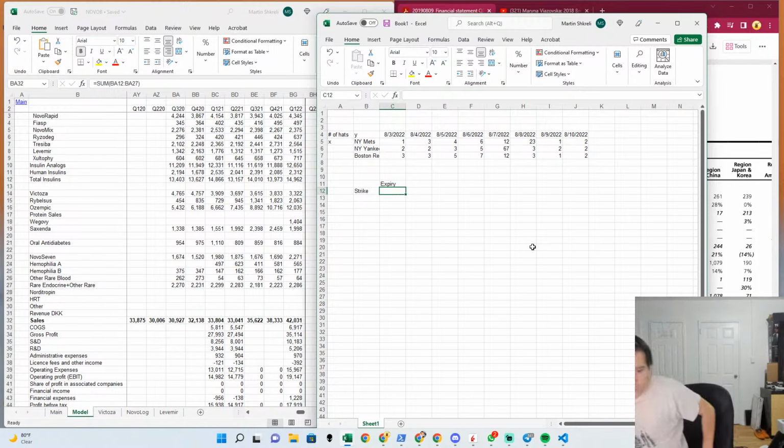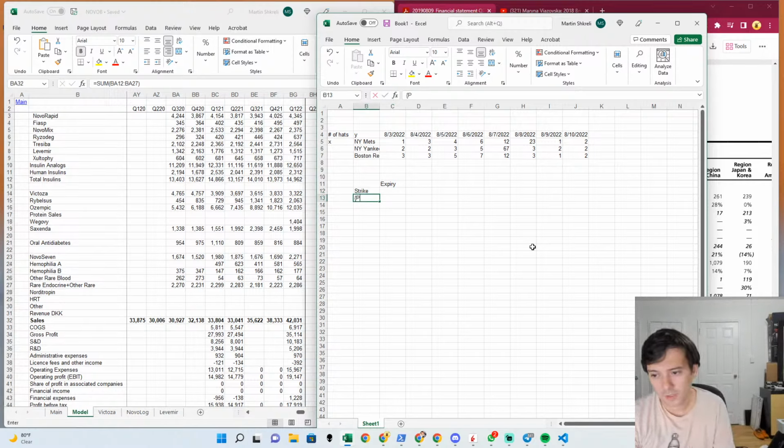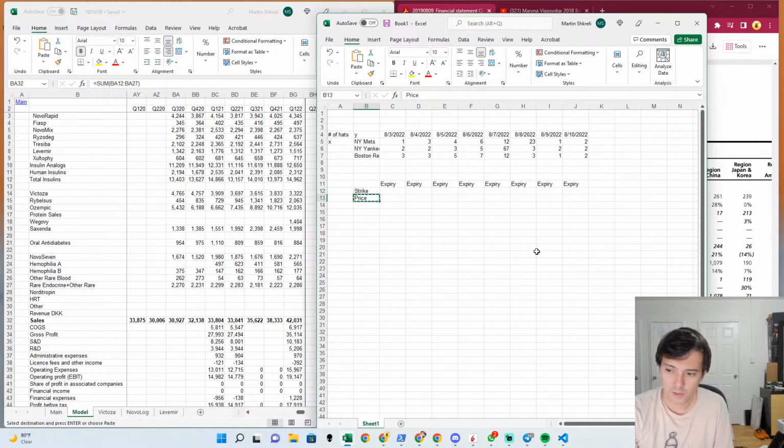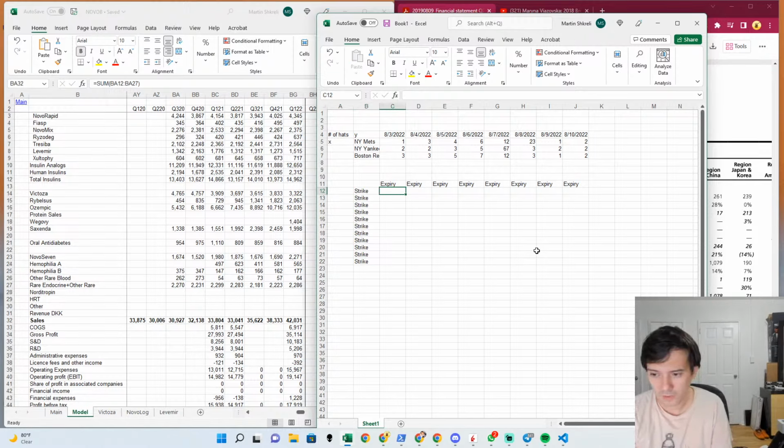Implied volatility? Well, we got the price of the actual contract, right? So that's how we derive implied volatility. So the expiry sort of serves as the time dimension. The strike price serves as one of the dimensions, and then we have a value that serves as an answer for that, right?